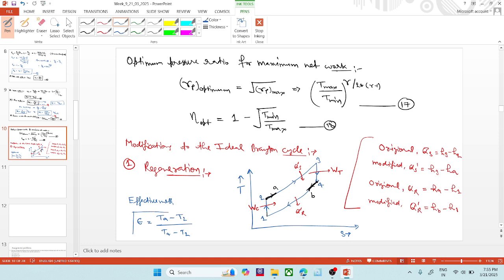Basically, it compares the actual temperature rise with the maximum temperature at which point 2 could get reached. Point 2 could get reached to point 4, but it is reaching point A. So this ratio of TA minus T2 divided by T4 minus T2 is called the effectiveness of the regeneration.